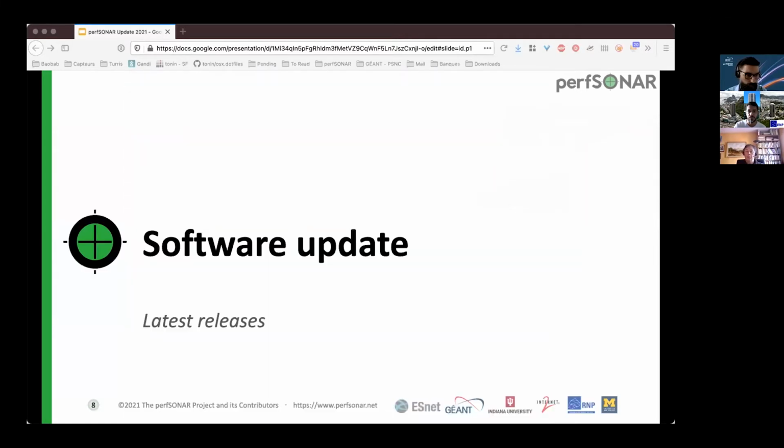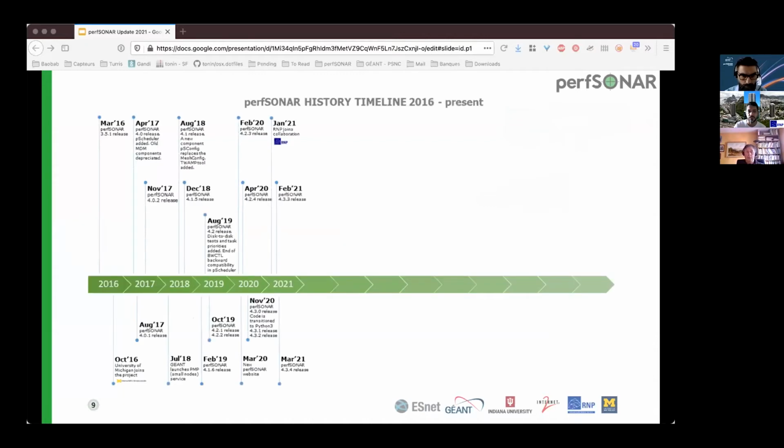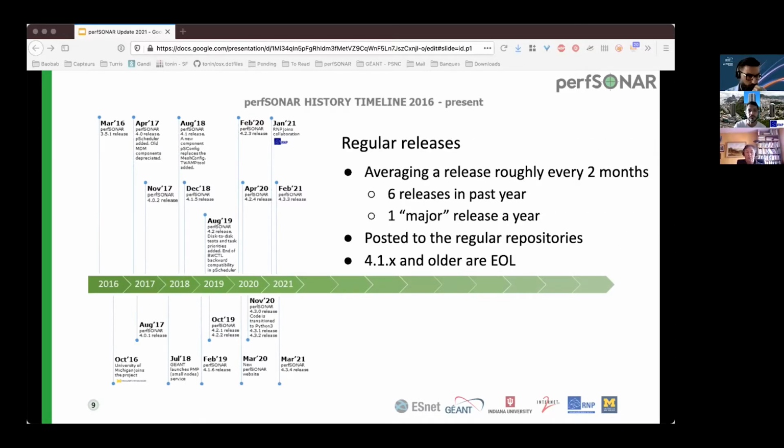And so now let's have a look at what happened on the software side and have a look at the latest releases that we had in the last 2 years. On our website, you'll find a timeline of the perfSONAR project history, and those releases are all mentioned there.